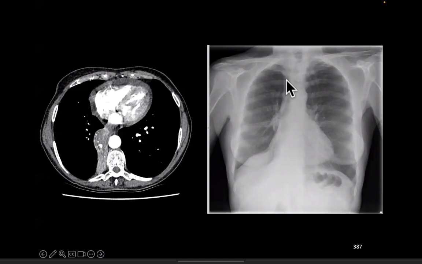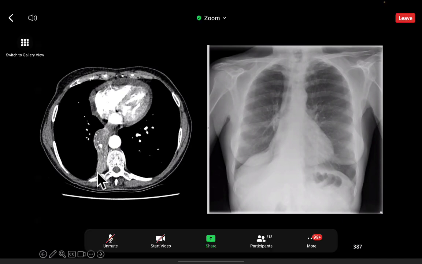The other subtle signs are that you've got volume loss in that right hemithorax. So the right hemidiaphragm is slightly higher. And clearly, when you look at the CT scan, we've got the golden S sign, which indicates that there is a tumor which is causing that right lower lobe collapse.